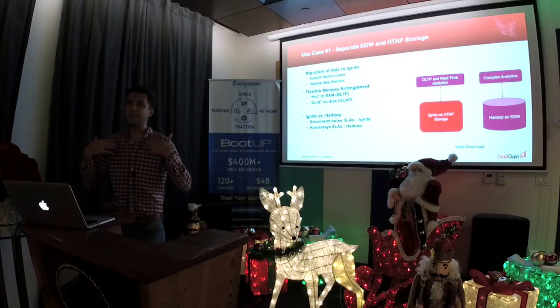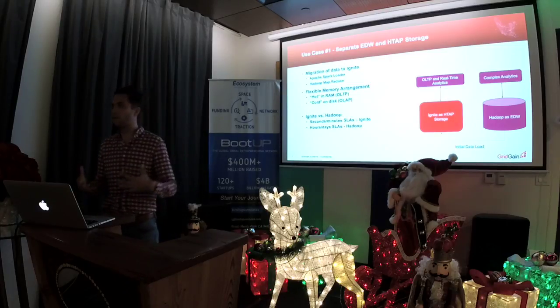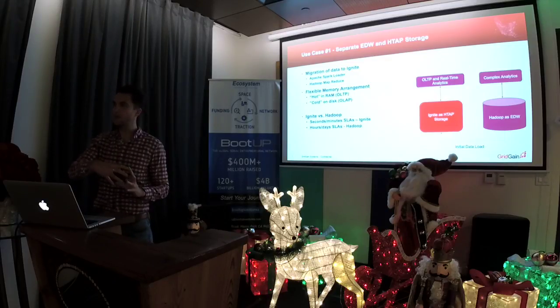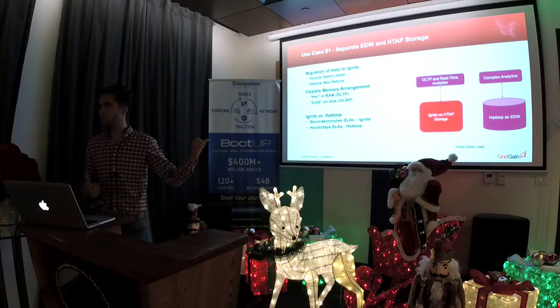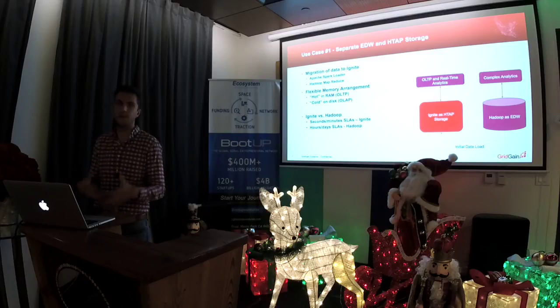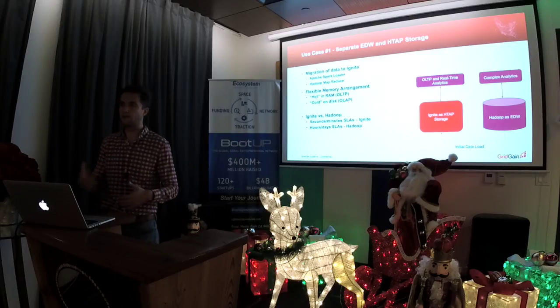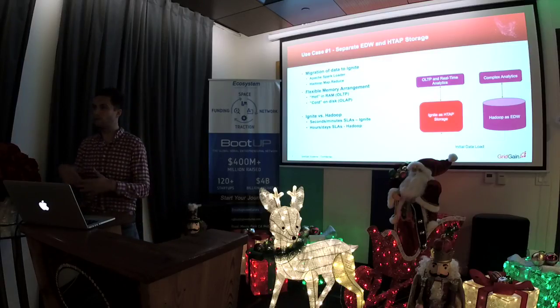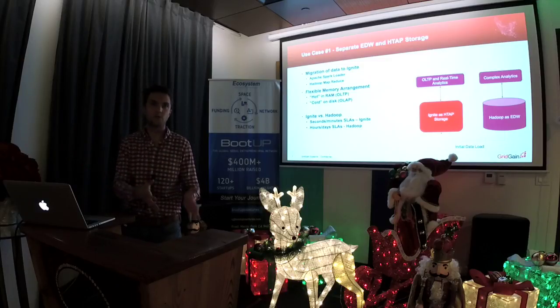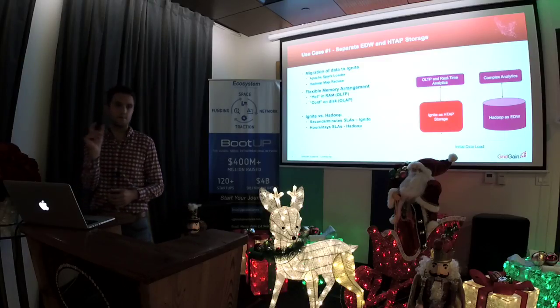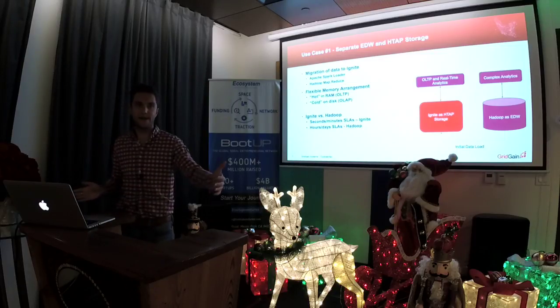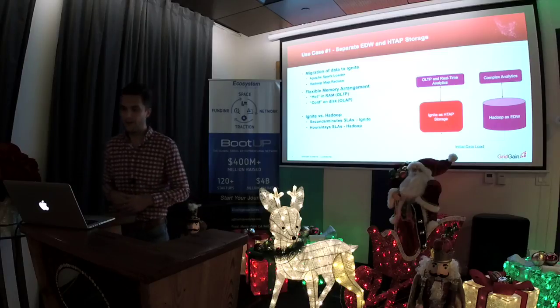If you are dealing with an operational data set and you'd like to use Ignite analytics together with transactional workloads, then you will usually use RAM for your operational data, something that you need to access all the time, pretty frequently. When it comes to historical data which you take from Hadoop, just put it on disk. You don't need to dedicate a lot of RAM for that data set. You can allocate it entirely on disk space.